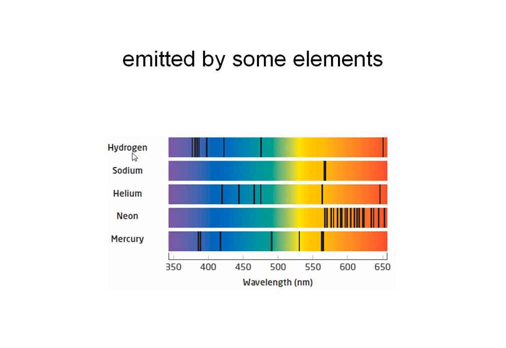Now different elements produce different types of light, so this spectrum is a fingerprint of hydrogen, and this is the fingerprint of sodium, this is the fingerprint of helium, this is the fingerprint of neon, and this is the fingerprint of mercury.